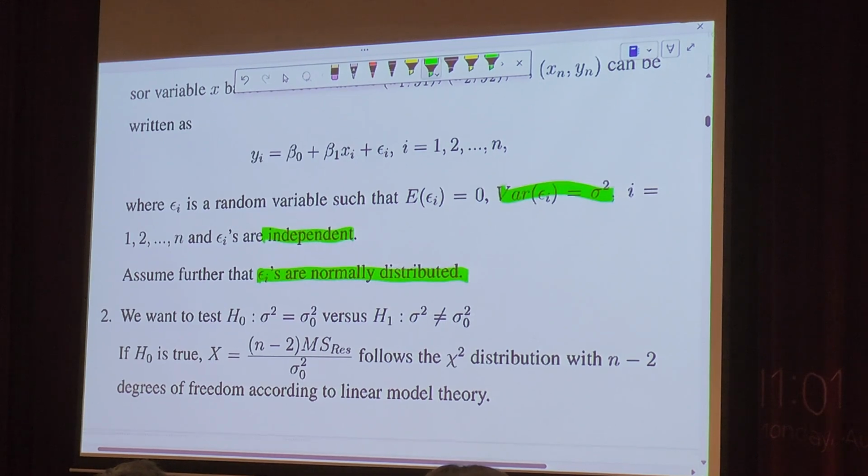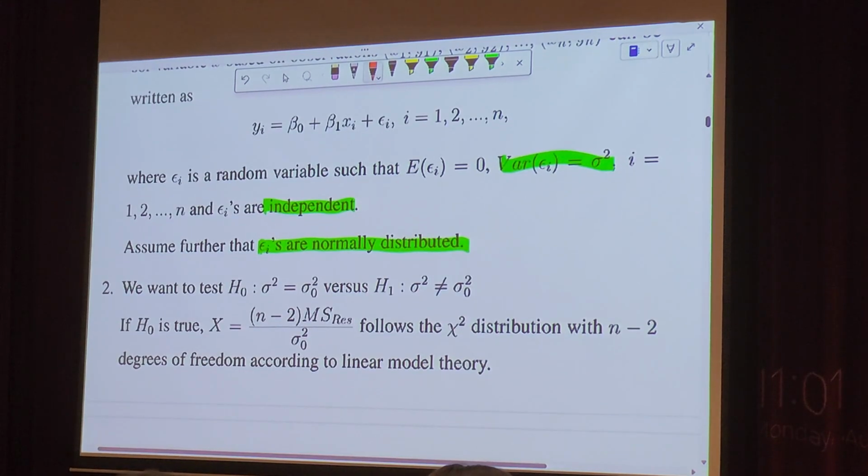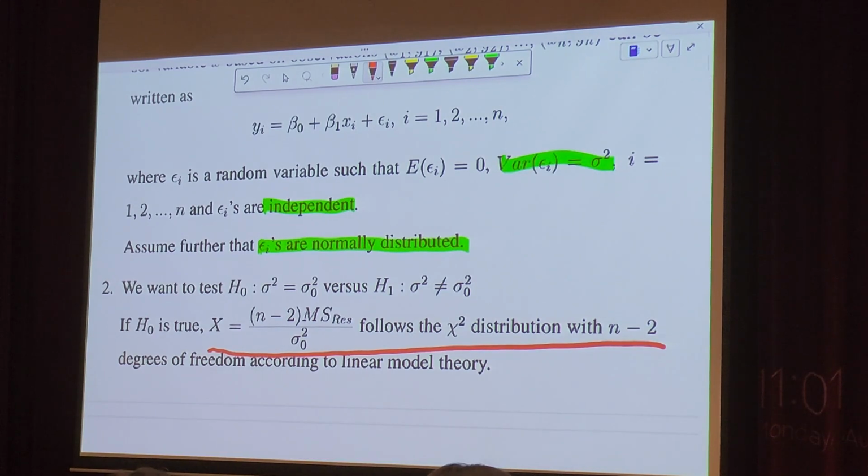It's because of this that the responses are independently distributed. They are not related. So you can see that this quantity follows a chi-square distribution with n minus 2 degrees of freedom, according to linear model theory again.